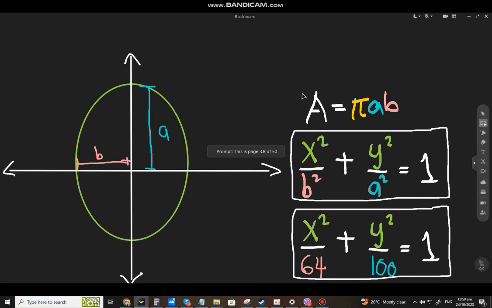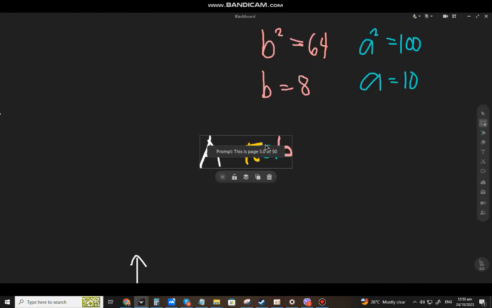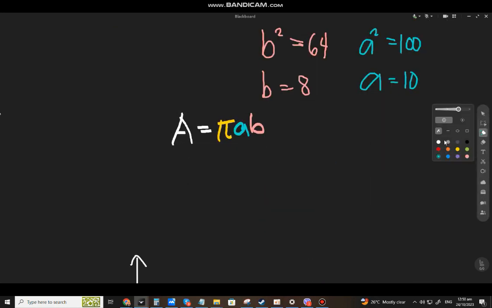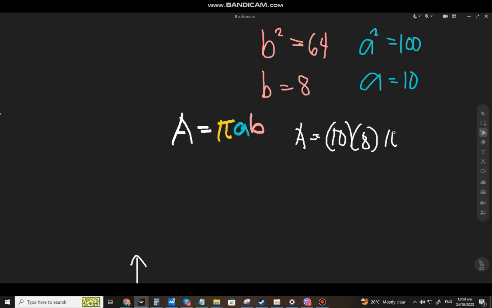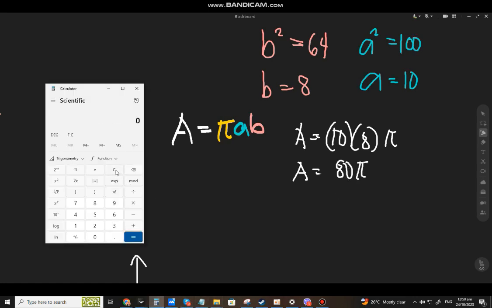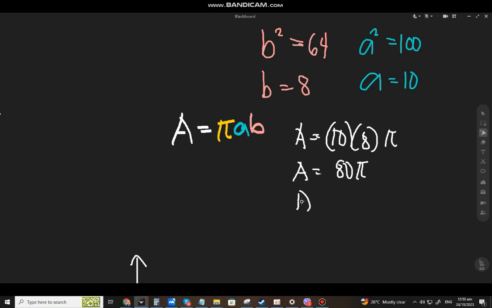Since we already know the values of a and b, we could apply the formula. Area is equal to 10 times 8 times pi, and you will arrive at the answer 80 pi. If you want to get the exact answer, 80 times pi, that will be 251.33.